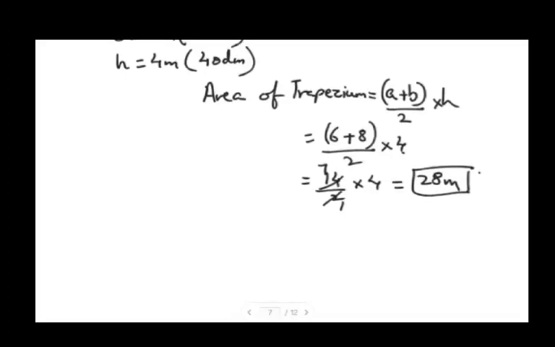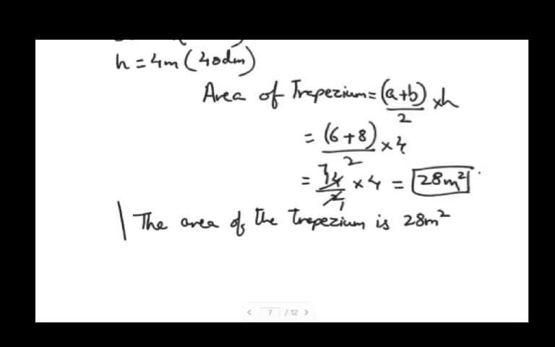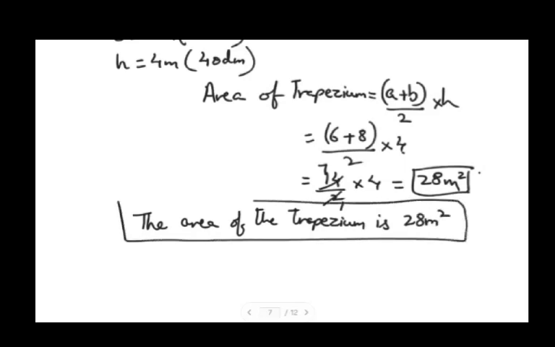So what's my statement going to be? My statement shall be, find the area of trapezium. The area of the trapezium is 28 meters square. Be very careful, children. Meters square.